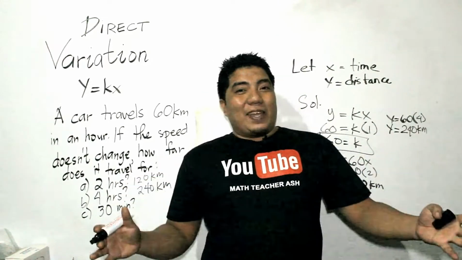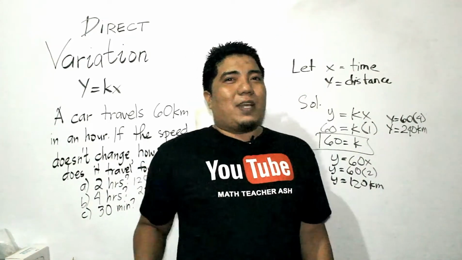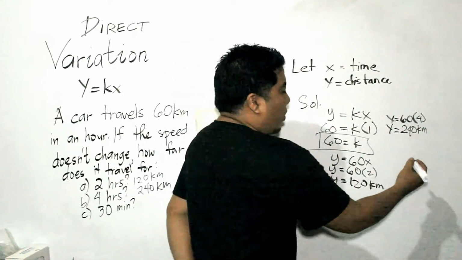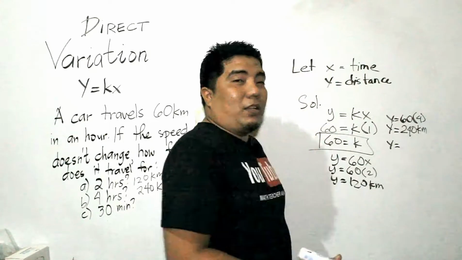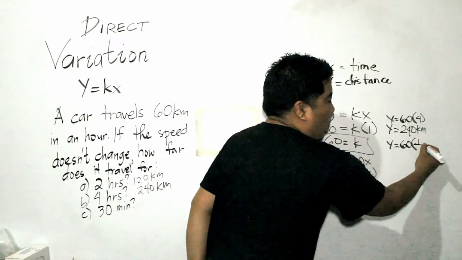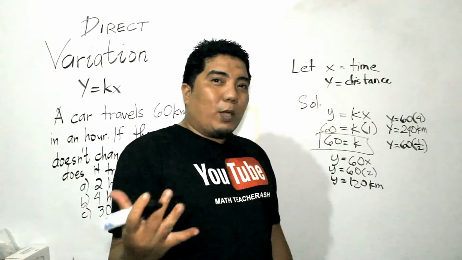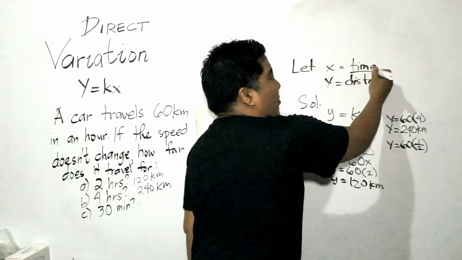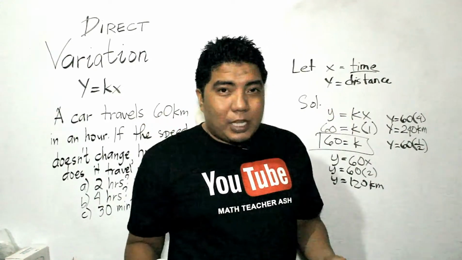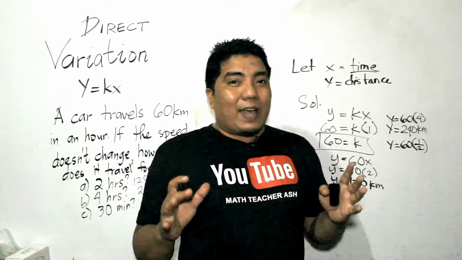And finally, for our 30 minutes, remember that 30 minutes is 1/2 of an hour. So what we need to do is not to use the number 30, but instead use 1/2. Why 1/2? Because time here, or x here, is represented as time in hours. And 30 minutes is half an hour.